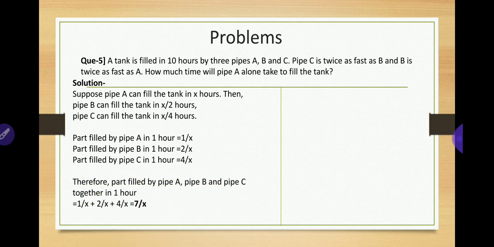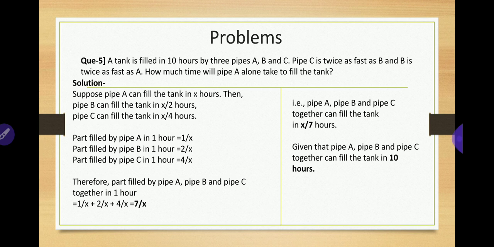Now if all pipes are open at a time, then the part filled in 1 hour will be 1 upon X plus 2 upon X plus 4 upon X, it is equal to 7 by X. That much part will be filled in 1 hour. But in the problem it is given that the total tank is filled in 10 hours.